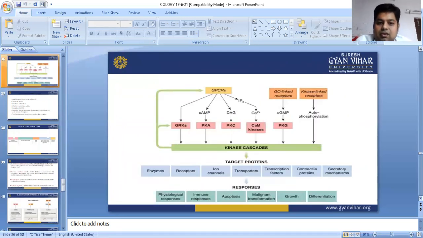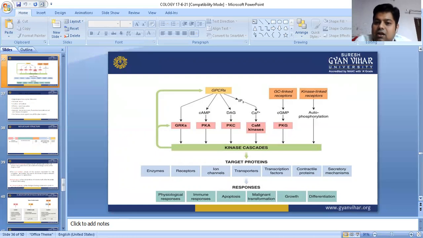Now we can see in this diagram how the kinase cascade functions. GPCR, when activated by cAMP and by the phosphokinase enzyme or the DAG pathway and IP3 pathway, they all activate the kinase cascade pathway.